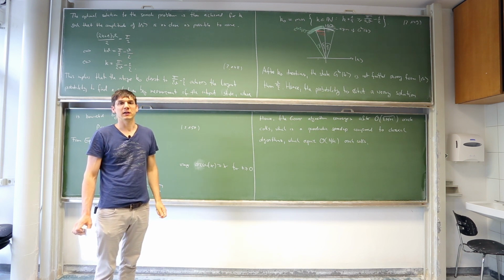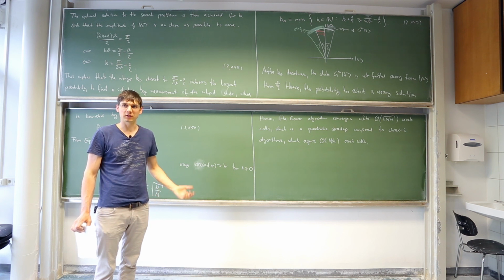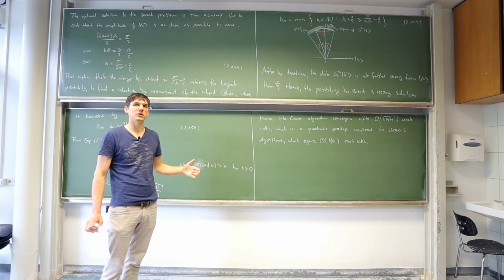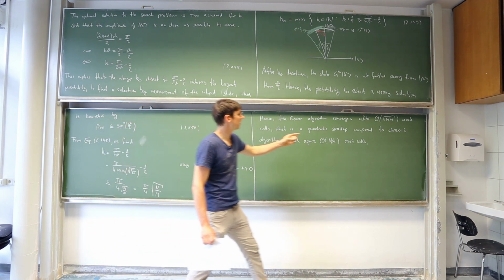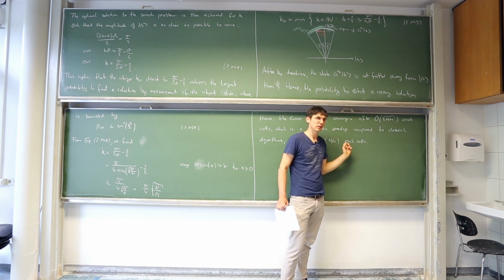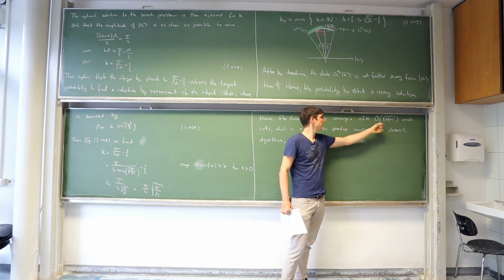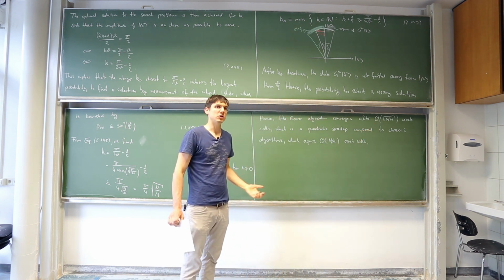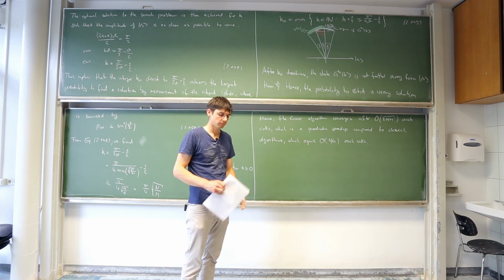Okay, but there are modifications of these algorithms for which you do not need the prior knowledge of how many solutions there are. And still you find the solution with the scaling O square root of n divided by m, even if you do not have prior knowledge of how many solutions there are.